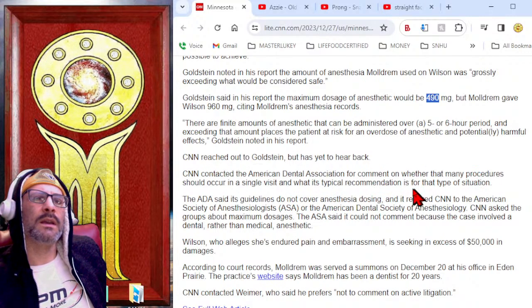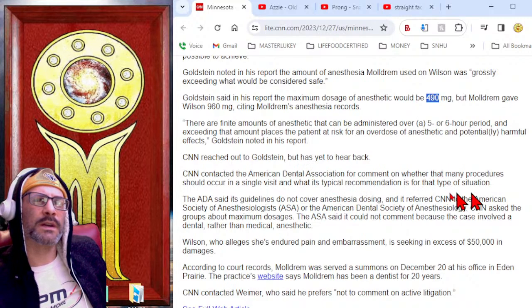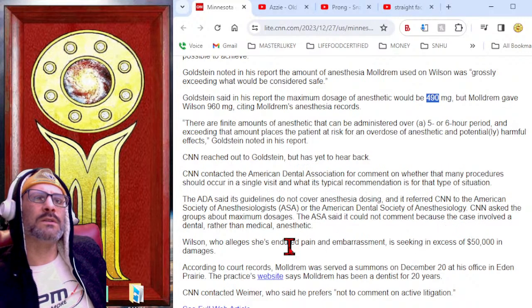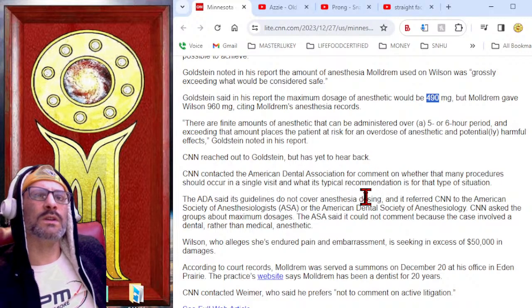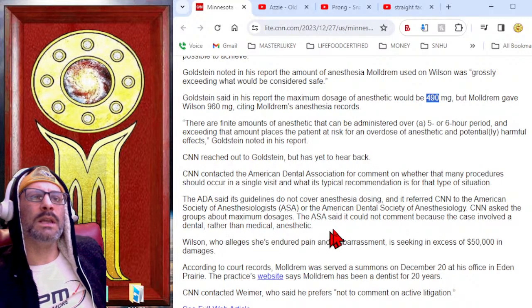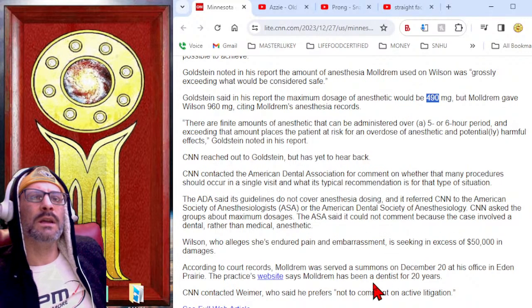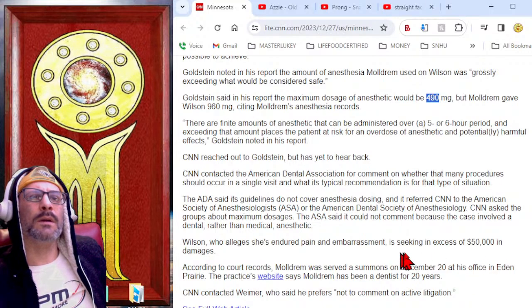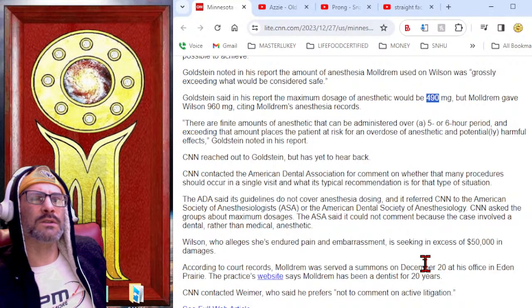CNN contacted the ADA, American Dental Association, for comment on whether that many procedures should occur in a single visit and what is typical. The ADA said its guidelines do not cover anesthesia dosing, and it referred CNN to the American Society of Anesthesiologists or the American Dental Society of Anesthesiology.